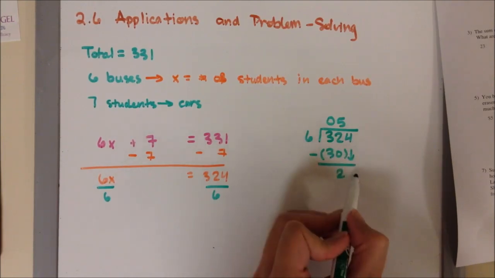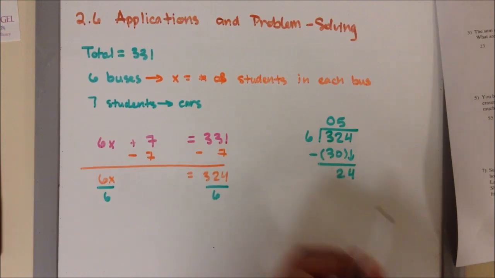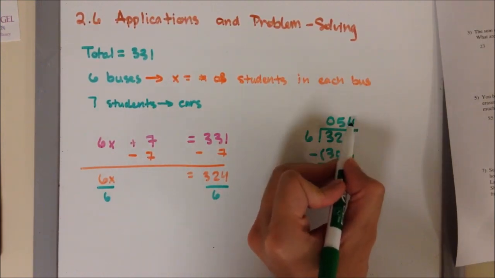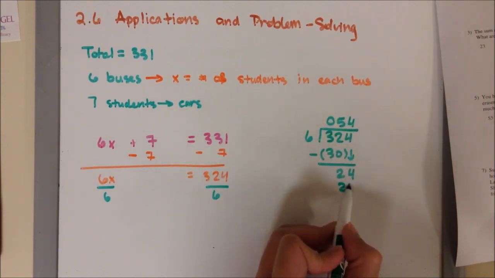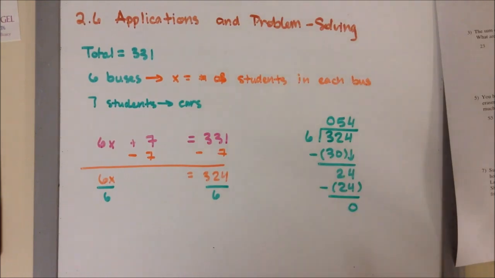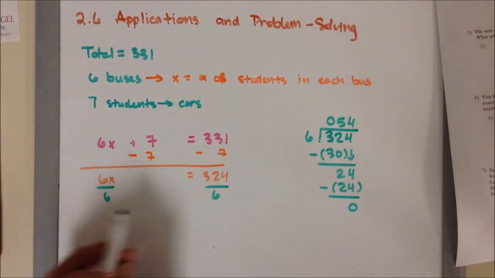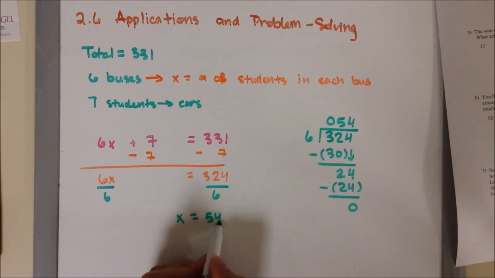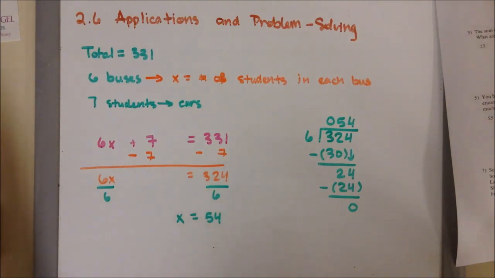I'll bring down the 4, making it 24. 6 can go into 24 4 times. 4 times 6 is 24. Subtract, which will be 0. So that means that X equals 54 students. That's the number of students in each bus.